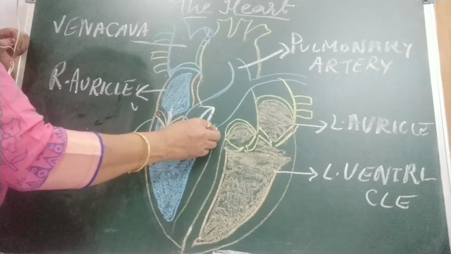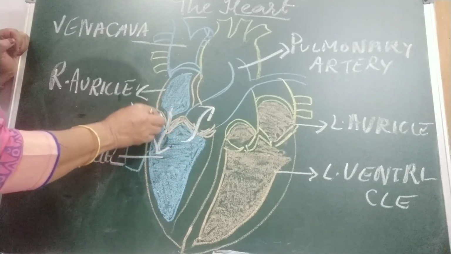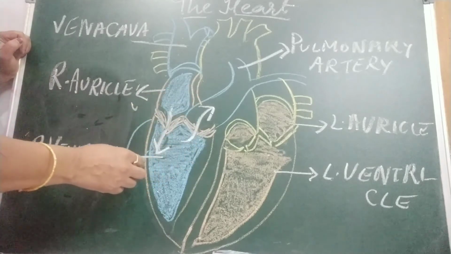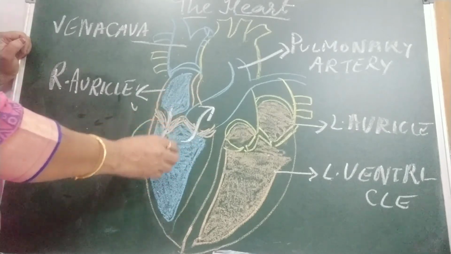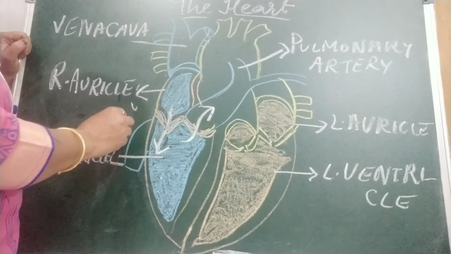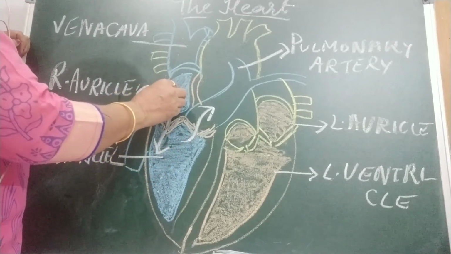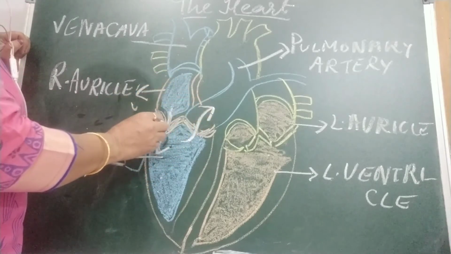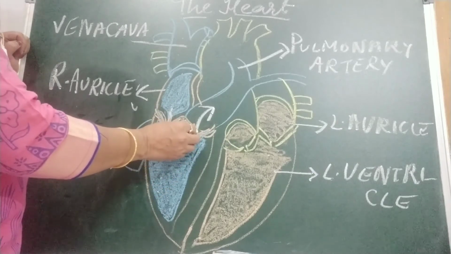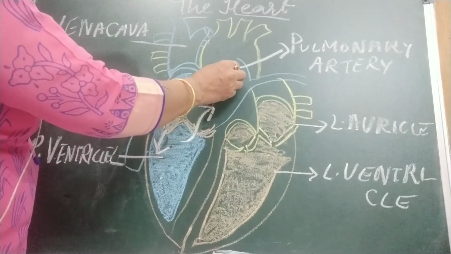These are the valves. The valves are like door-like structures. They open when the contraction takes place. They are designed in such a manner that when the auricle squeezes, this valve opens, and when the ventricle squeezes, this valve opens. So blood goes into the pulmonary artery.